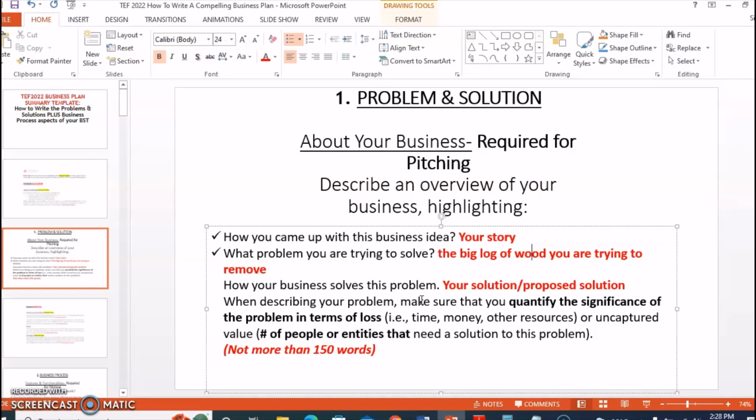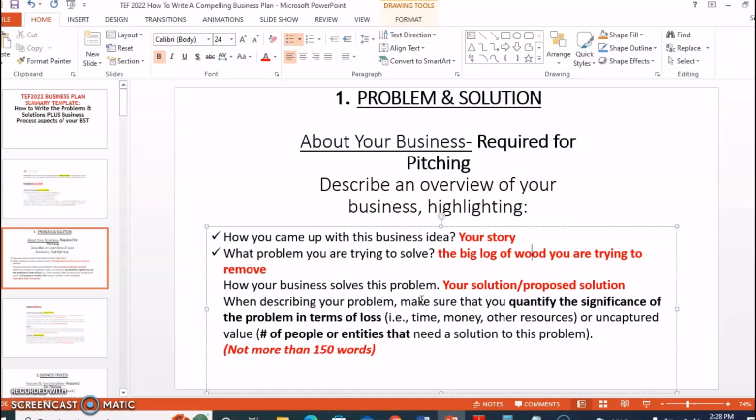So your story could end up in saying, this is the problem we are trying to solve, and you mention the specific problem. So the problem here is the big log of wood you're trying to remove from the eye of a potential customer. That burden that the customer has, that you have identified, that you're trying to remove, that is the problem. So you want to identify that problem.